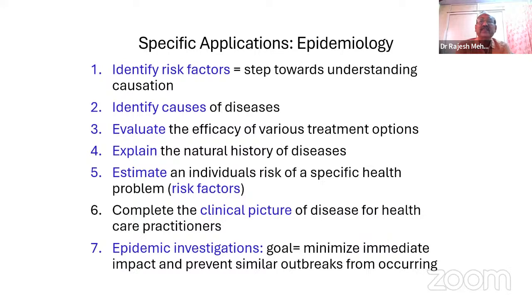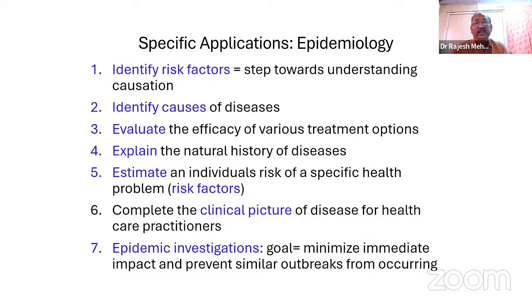If you are using various treatment options, for example, giving antibiotics for the prevention of infection, or taking universal precautions to prevent infection, these are different strategies which you can evaluate. And there is the natural history of disease, even without treatment and with treatment, both you can compare what happens to the people suffering from a particular disease.